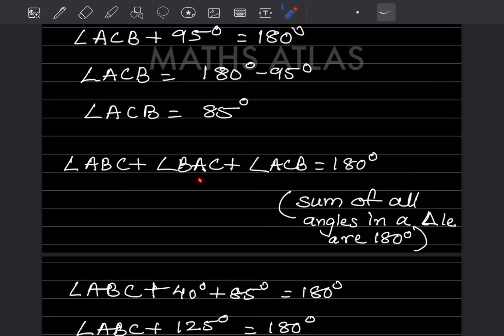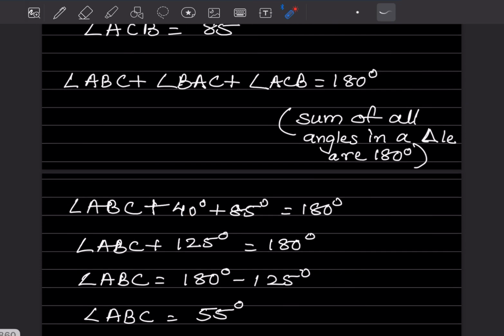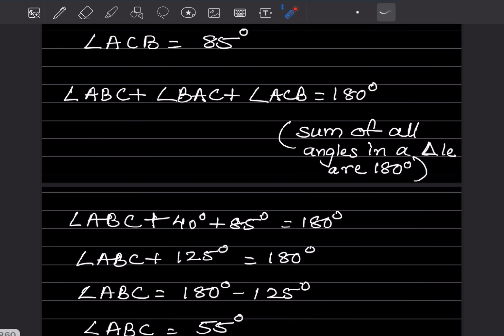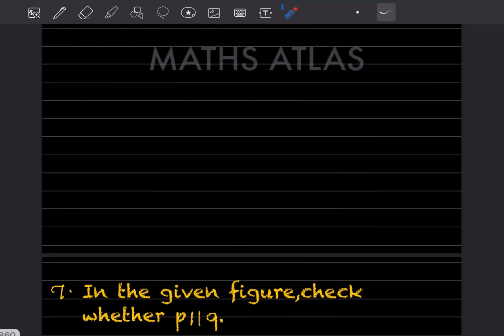We don't know ABC, but we know BAC is 40 degrees and ACB is 85. So when you add, that is 125. ABC is 180 minus 125, and angle ABC is 55 degrees.